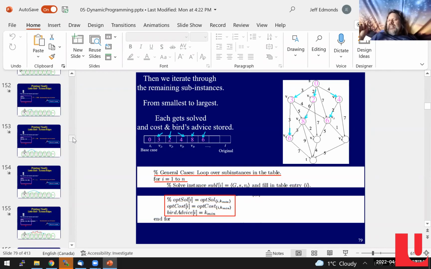So if epsilon's 0.01, then your result will be within a factor of 1.01 of the optimal, right? So if epsilon decreases to 0, then you will get the optimal, right?